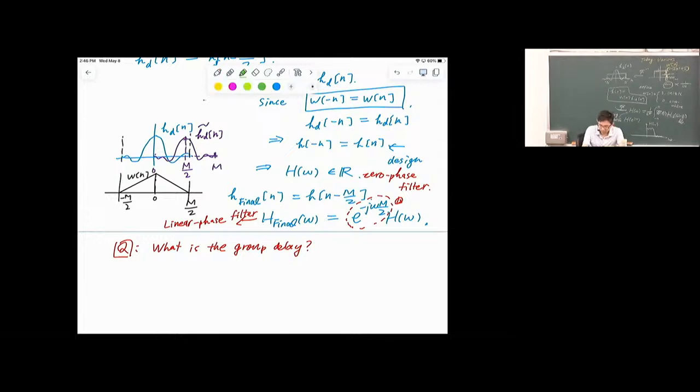When the filter is real valued, the phase is basically zero, or when it's negative, then the phase is pi. So what is the slope? For H of omega, the partial derivative of its phase with respect to frequency is 0 everywhere.